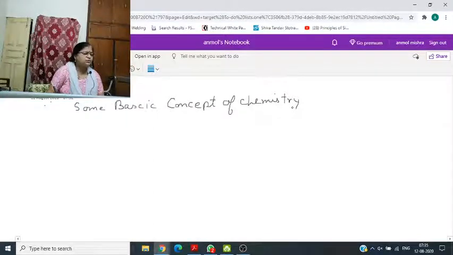So atomic mass is called relative atomic mass because it is calculated with reference to the carbon-12 isotope.